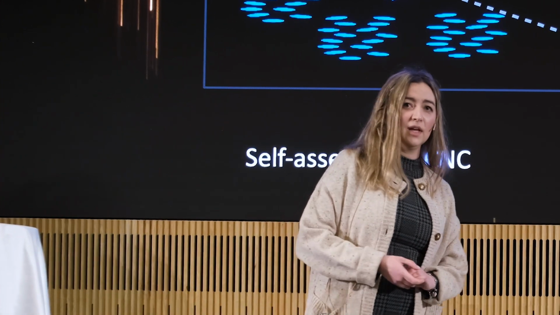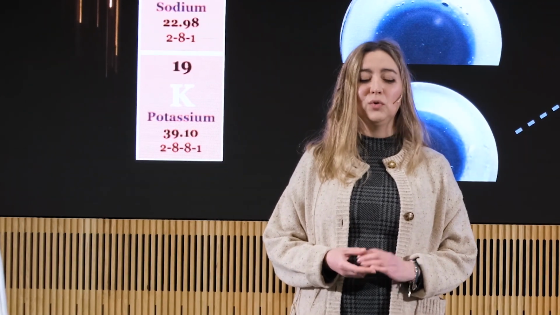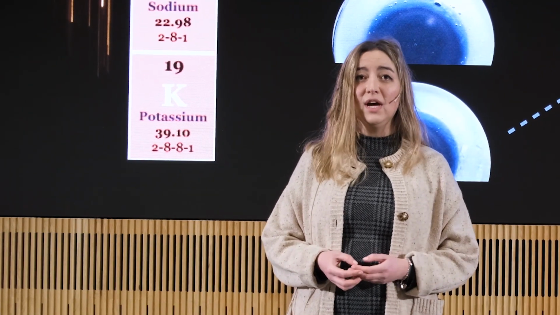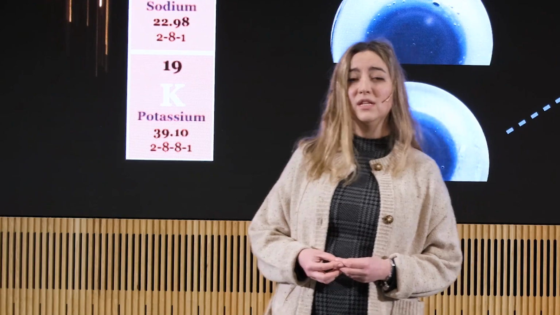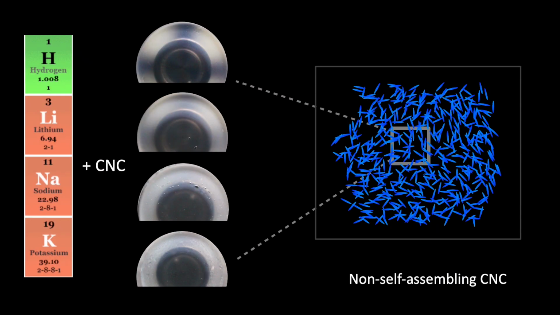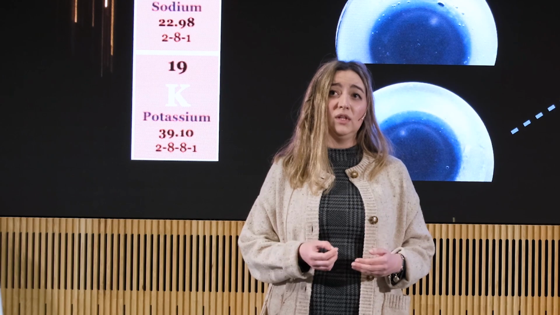So if we want to get a specific color, we need to pick a proper ion. But too high an amount of sulfuric acid will lead to color fading, even if we add exactly the same ions to the CNC surface. And this is due to the fact that these systems have strong attractive forces, which will lead to aggregation.